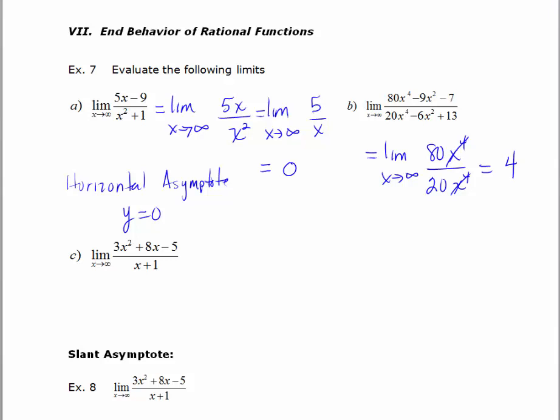So once we simplify, we have the limit as x approaches infinity of a constant, and that constant is 4. And so the value of the limit as x approaches infinity is 4. Therefore, there is a horizontal asymptote at y equals 4.